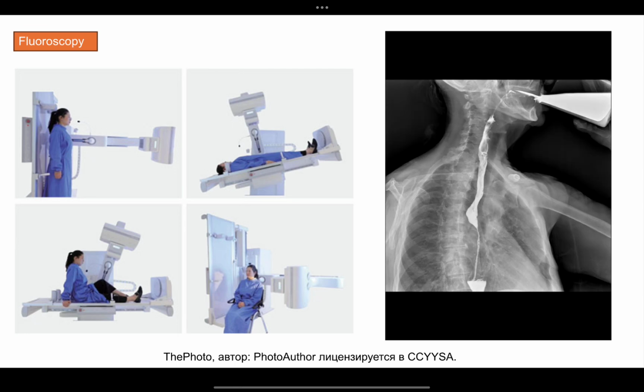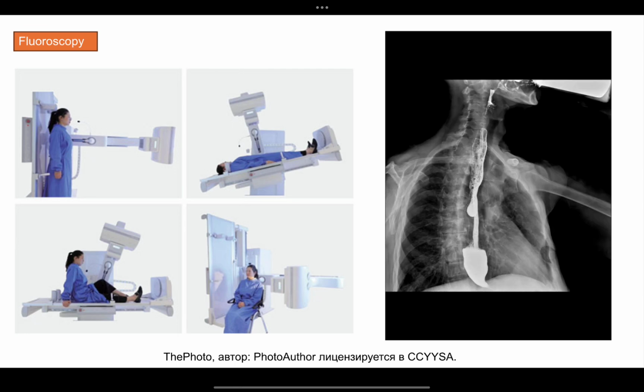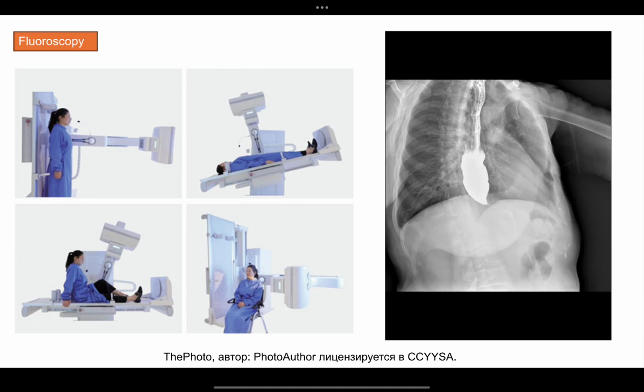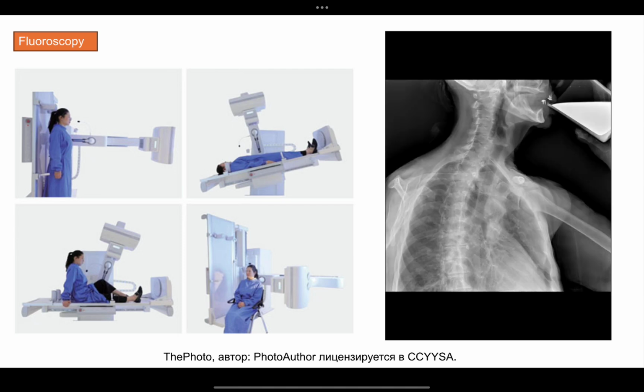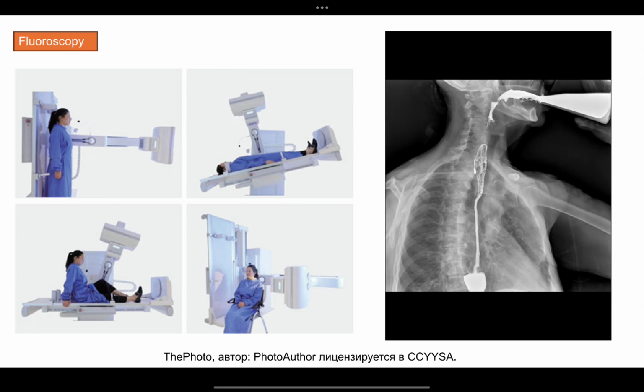Fluoroscopy. Fluoroscopy is a dynamic imaging method that allows us to observe the gastrointestinal tract in real time. It is widely used for examination of the esophagus and upper GI tract, also for the colon.